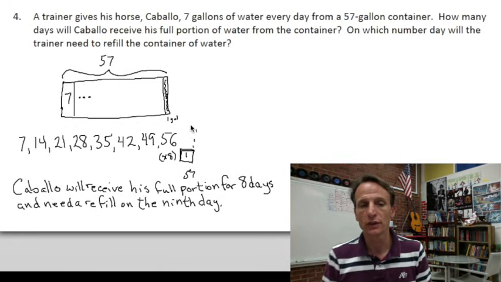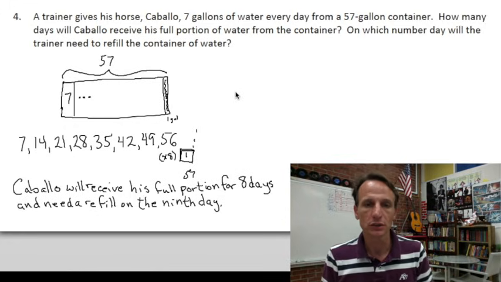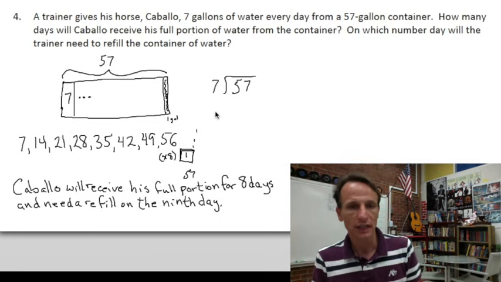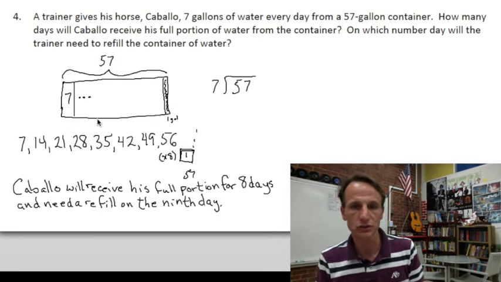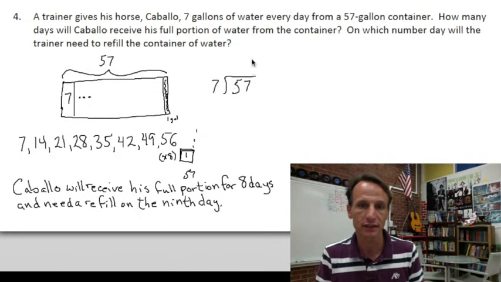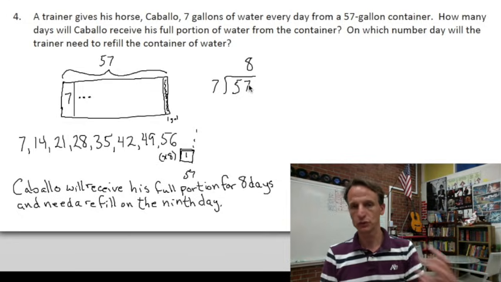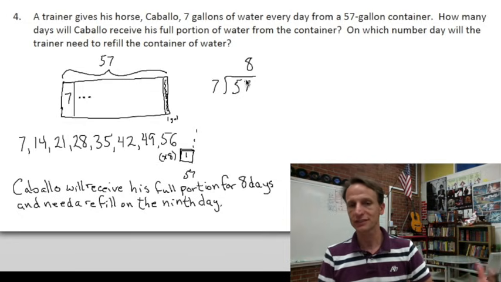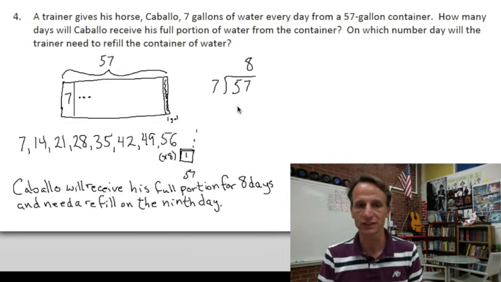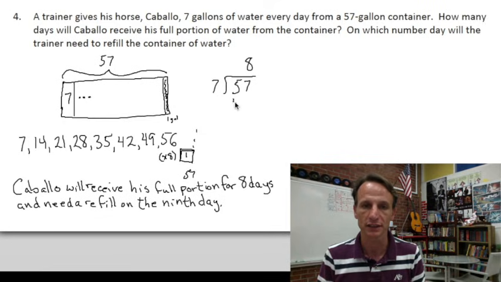Okay, so what will the division look like for this? Well, we have our 57 gallons that we're dividing up here, and we're dividing into 7-gallon portions. And we already know from our little adventures over here that 8 times 7 is 56. So we've put it into 8 7-gallon portions. We've used up now 56 gallons of the 57. That's why I'm subtracting it here.